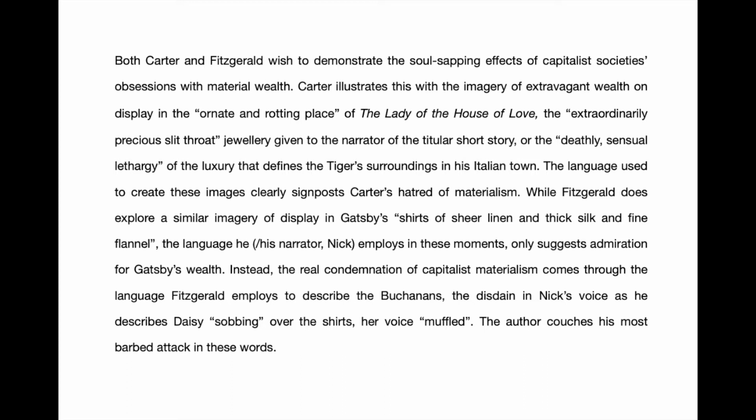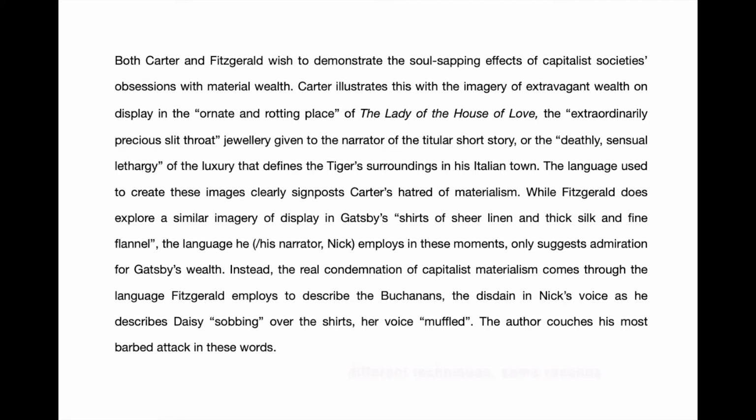Instead, the real condemnation of capitalist materialism comes through the language Fitzgerald employs to describe the Buchanans, the disdain in Nick's voice as he describes Daisy sobbing over the shirts, her voice muffled. The author couches his most barbed attack in these words. So a slightly longer example, but again, what approach to language comparison has this writer taken?